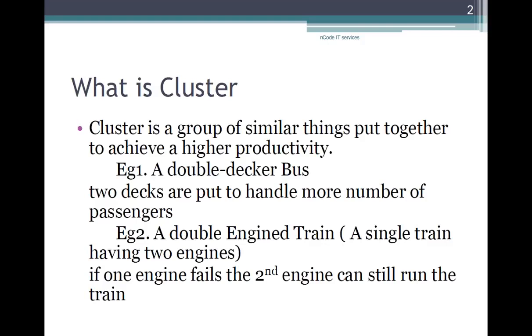They're not two different things. One is what you do, the other one is what you get. High availability is not something you implement; you implement failover to achieve high availability. In this case, we are implementing failover of the engine from one point to another, and we achieve a highly available train.